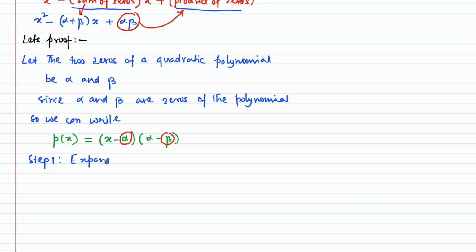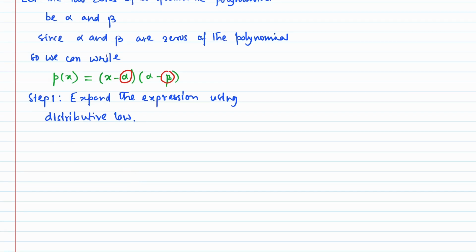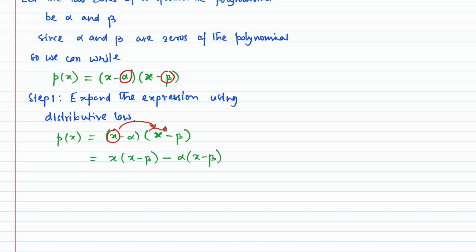So step 1, expand the expression using the distributive law of multiplication. So p(x) is equal to (x minus alpha) times (x minus beta). Sorry, that would be x times (x minus beta) minus alpha times (x minus beta). I am distributing both x and alpha, multiplying with the expression x minus beta.